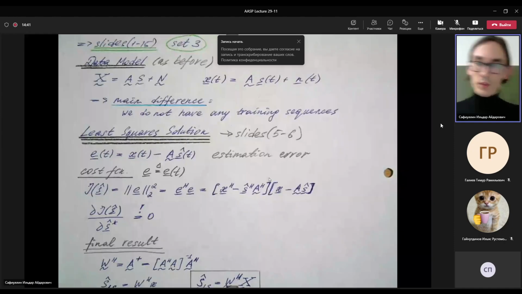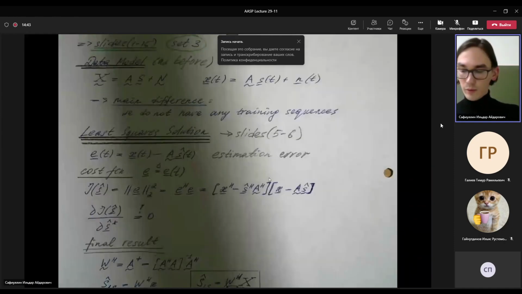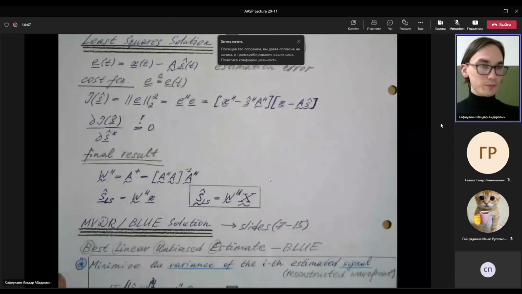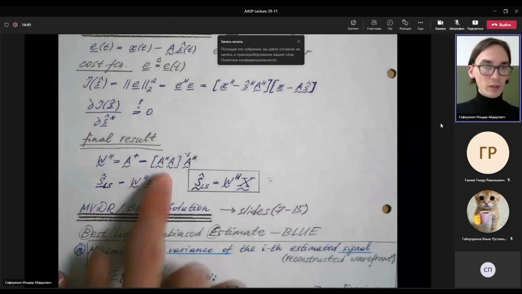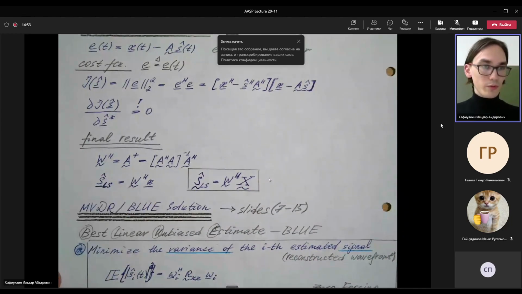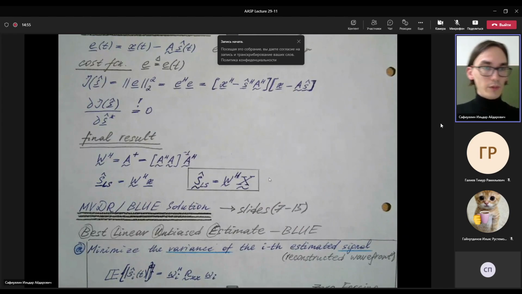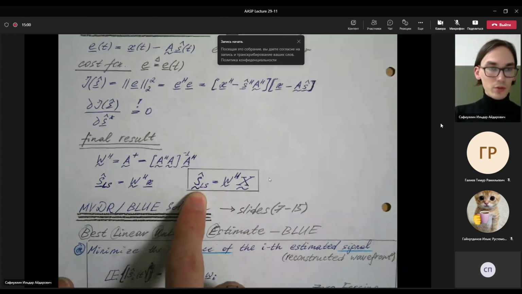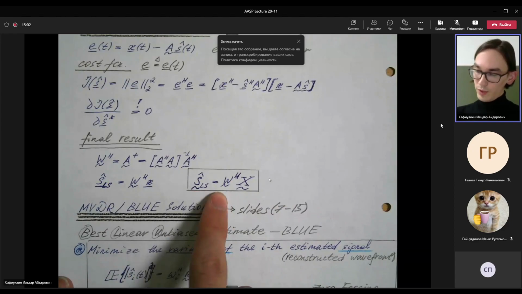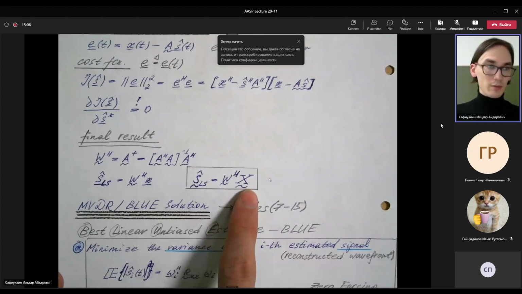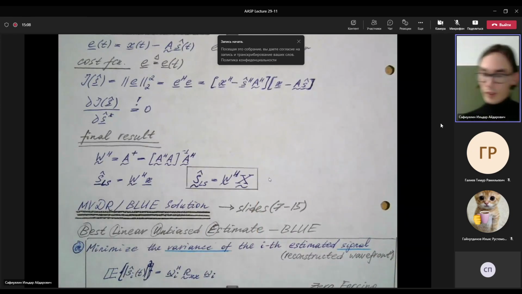Let me show it here. We write all these things like this, and W Hermitian is the pseudo-inverse of A, and in this case the estimate of our sources will be just W Hermitian times the measurement matrix X.